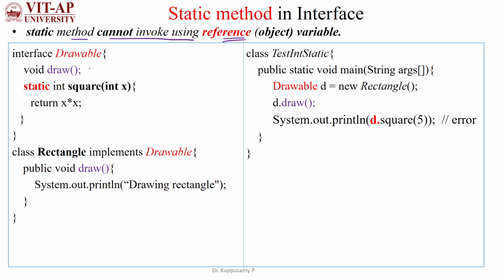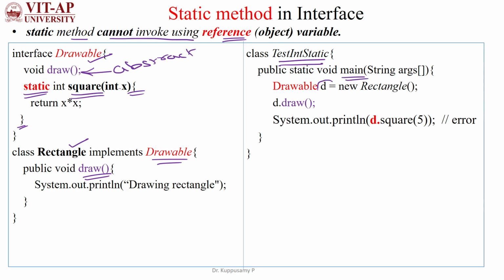You see, same program we have given: drawable interface which is having the draw method, then a method which is having the body of the content which is defined with the static keyword, then the drawable interface is implemented by using the class rectangle. Draw method is an abstract method which is implemented inside the class rectangle. Then the driver class is created because it is having the main method.